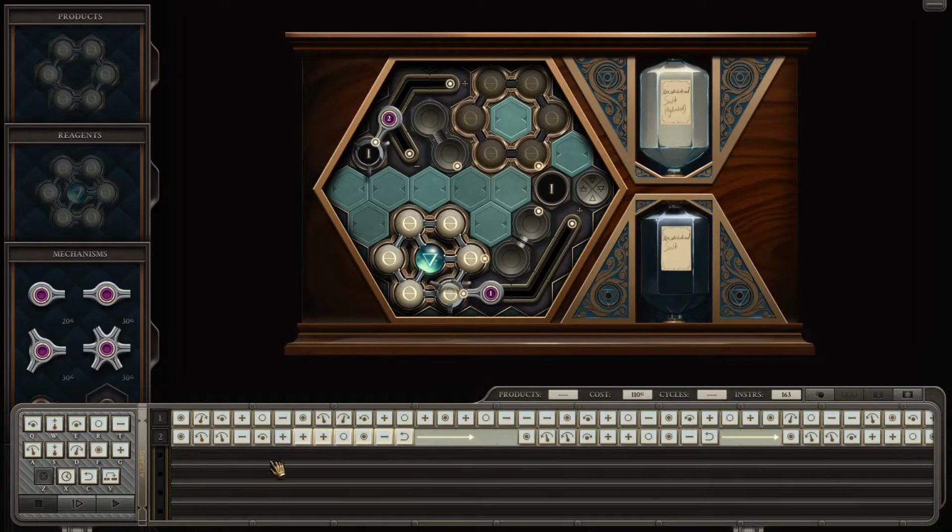Then you're going to release. Plus, plus, grab. Plus, grab, plus, release. Grab minus reset. Is that right? Probably not.